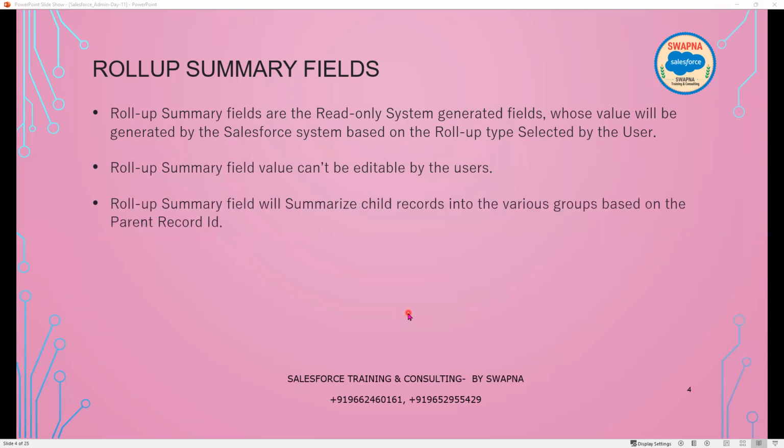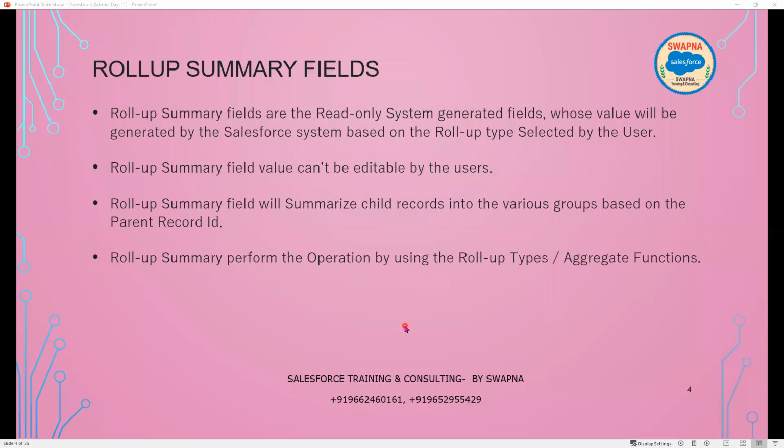Rollup summary fields summarize the child records into various groups based on the parent record. Whether you want to summarize as a count, sum, minimum or maximum, you can summarize based on whatever records are available. Rollup summary performs the operation by using the rollup type, or an aggregate function.